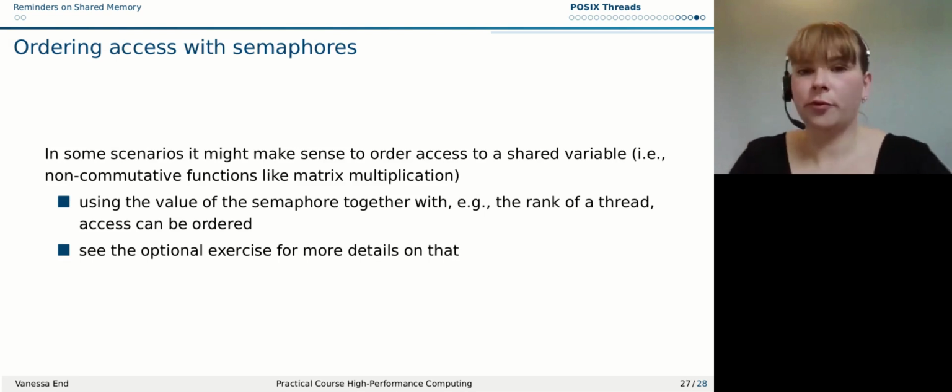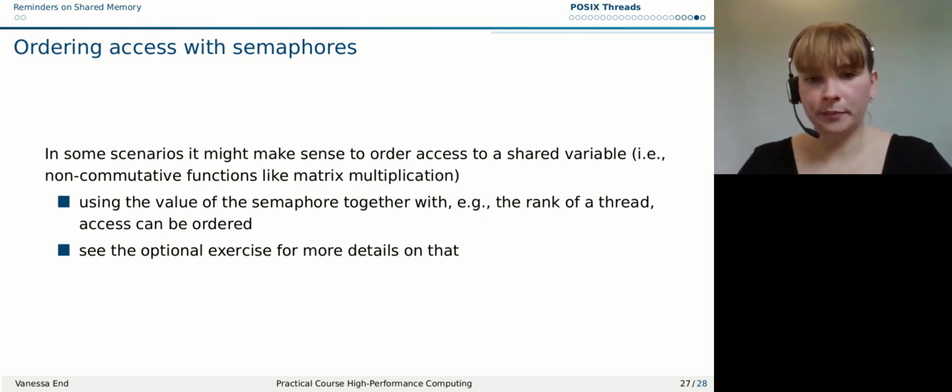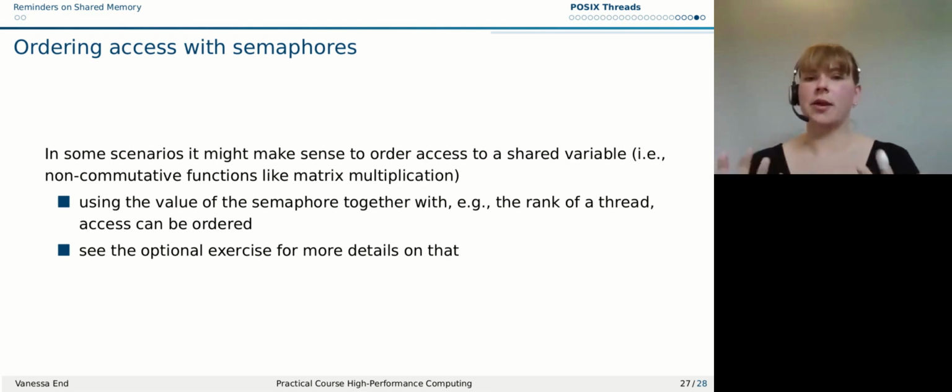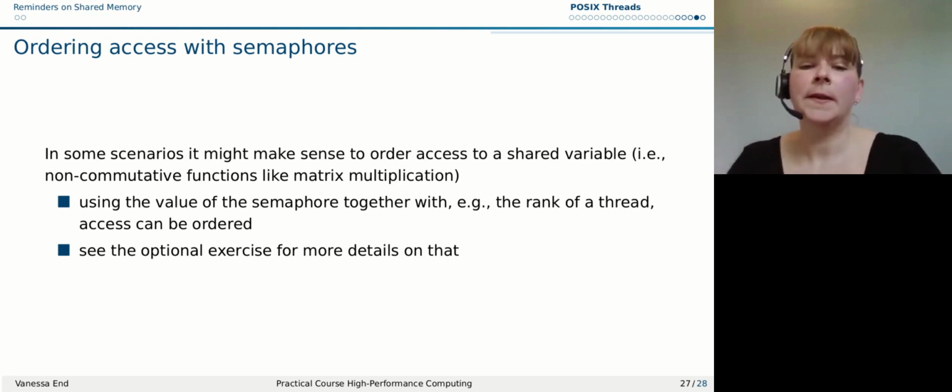Another thing you can do with semaphores is ordering. Of course, you could also order with mutexes, but again, this would be pretty resource consuming and a waste of resources in the end. There are several scenarios where it does make sense to order access to a shared variable. Here I have the matrix multiplication, which is non-commutative, so it does matter in which order you access it.